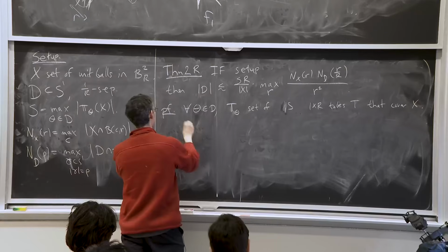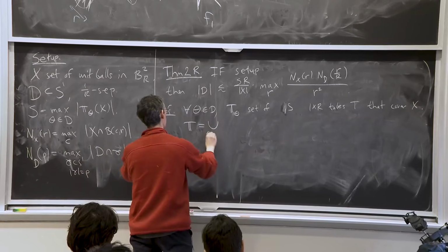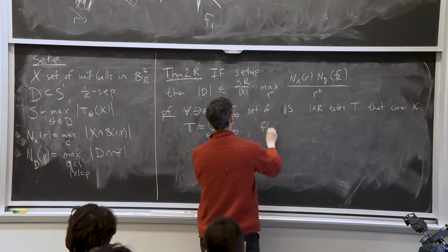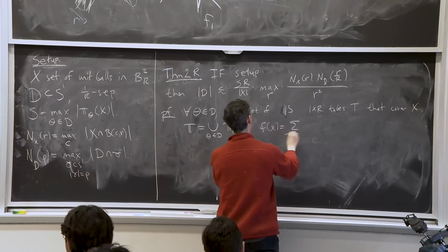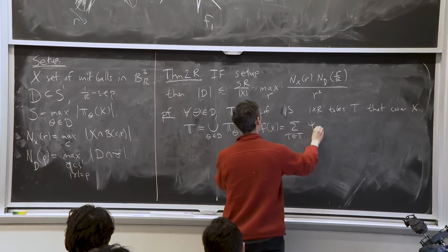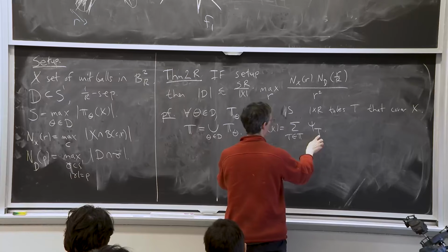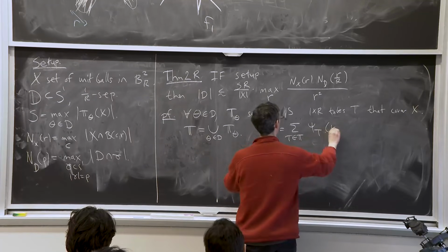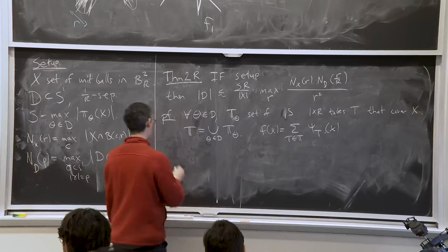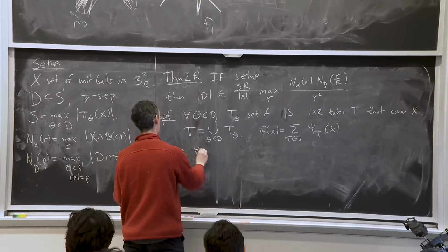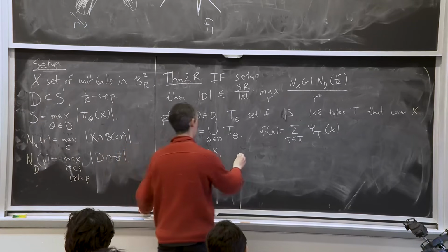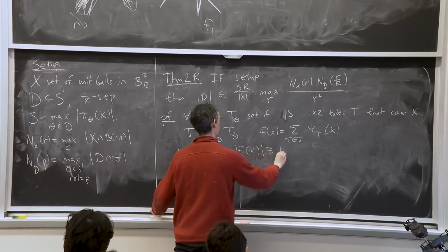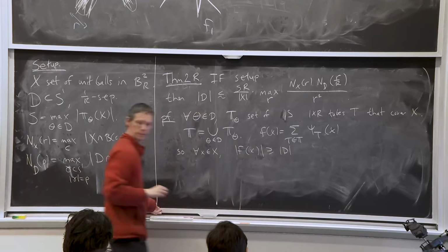Then T, my master set of tubes, will be the union over all the directions T theta. And F is going to be the sum over all these tubes of the smoothed characteristic function of the tube. OK. So we observe that for every x in X, f of x is at least the number of directions.